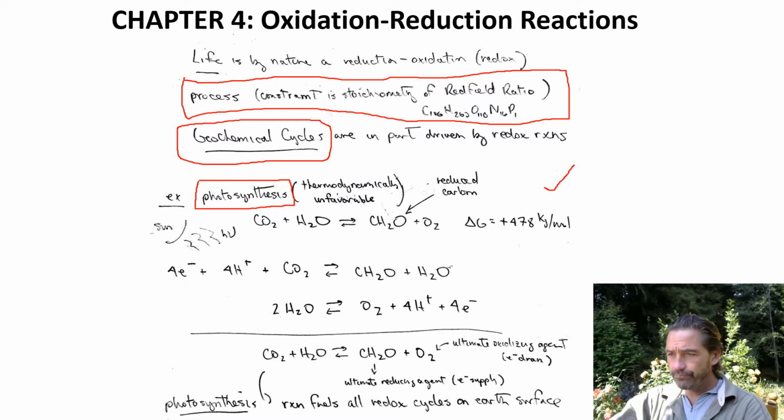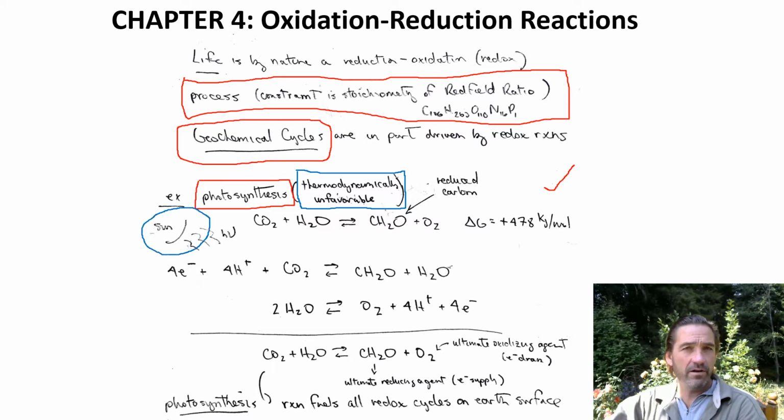First of all, we should note that photosynthesis is a thermodynamically unfavorable reaction. It just doesn't happen on its own. We need sun. We need an external energy source to drive this reaction. And we can also see from the delta G, because delta G is positive, we know that this reaction is non-spontaneous.